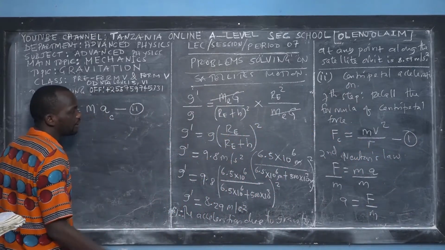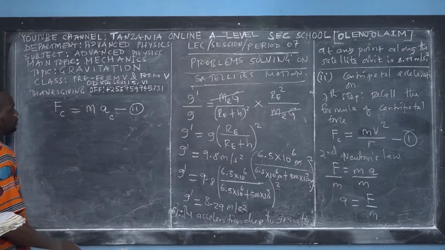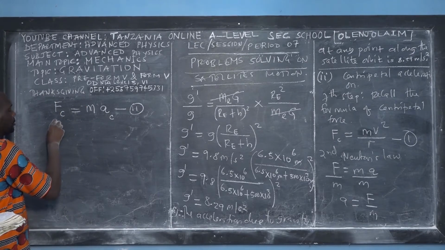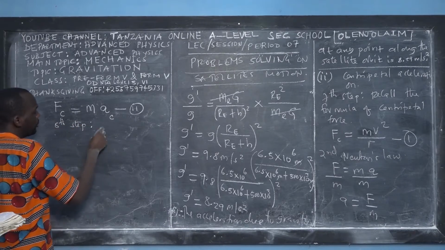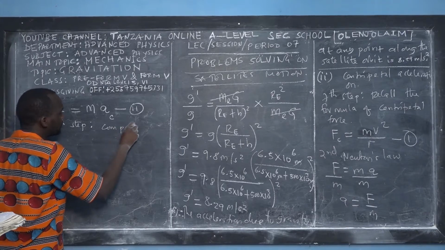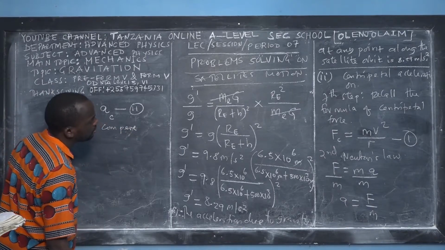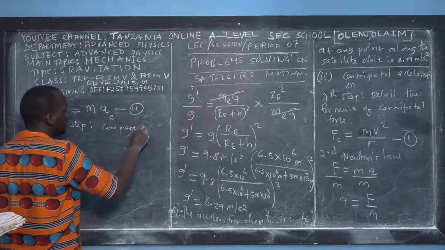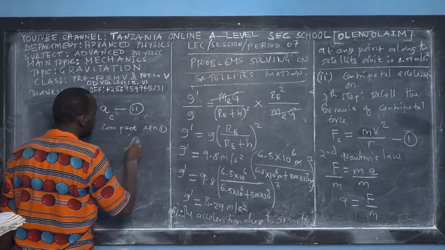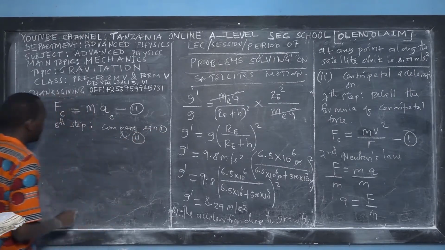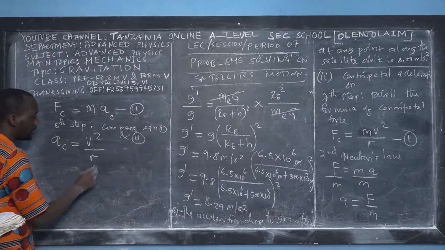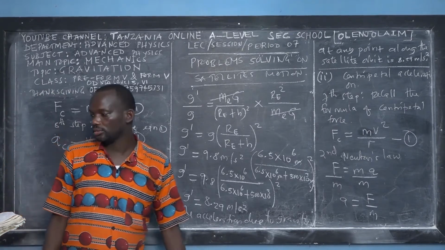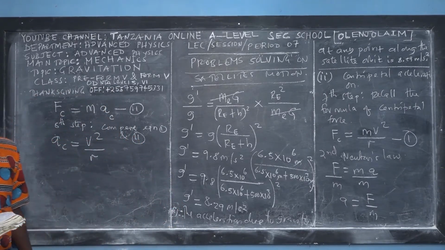So if you compare equation 1 and equation 2, that will be the 8th step, because you have to understand the 8th step. If you compare equation 1 and equation 2, then you will find that the centripetal acceleration is equal to the square of the velocity over r. Interesting. Okay?